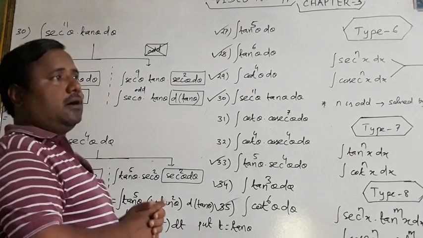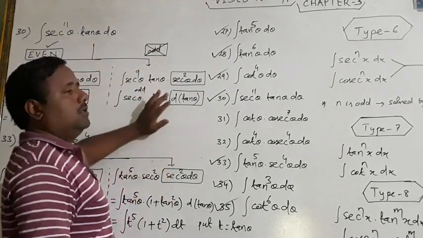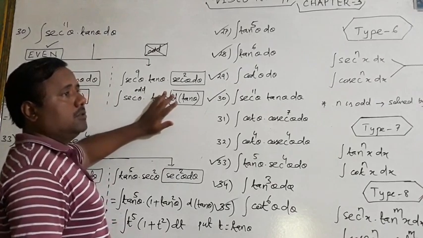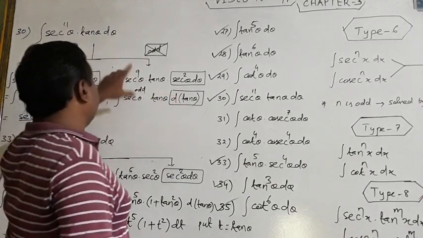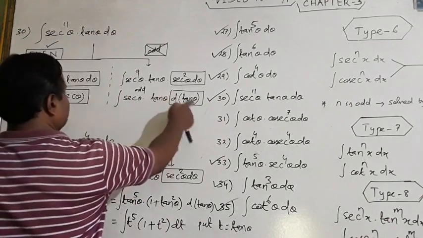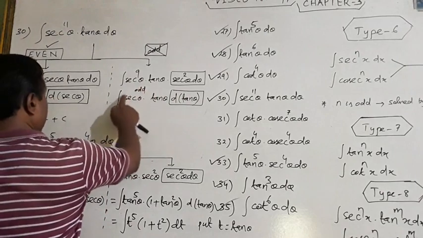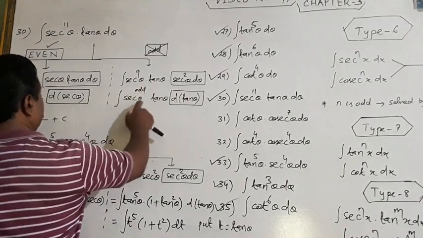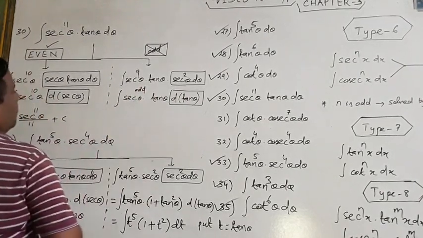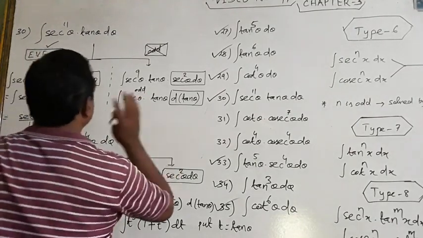If power is odd, then you cannot convert it. So this method cannot solve this problem, because though it is d tan theta, it is sec power odd. If sec power is even, then only we can go by this method.